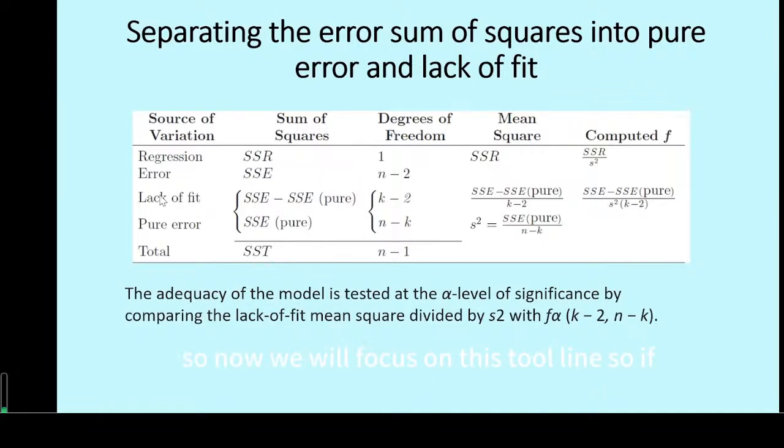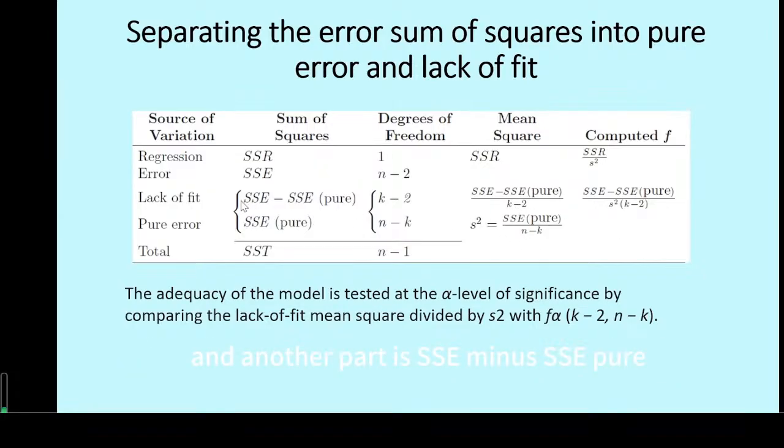Now we will focus on these two lines. If the model is not being done correctly, SSE will have two parts. One is SSE pure. This is the same as we have shown on the previous page, where we use repeated observations for a given x value. So SSE pure comes from the repeated observations, pure randomness.